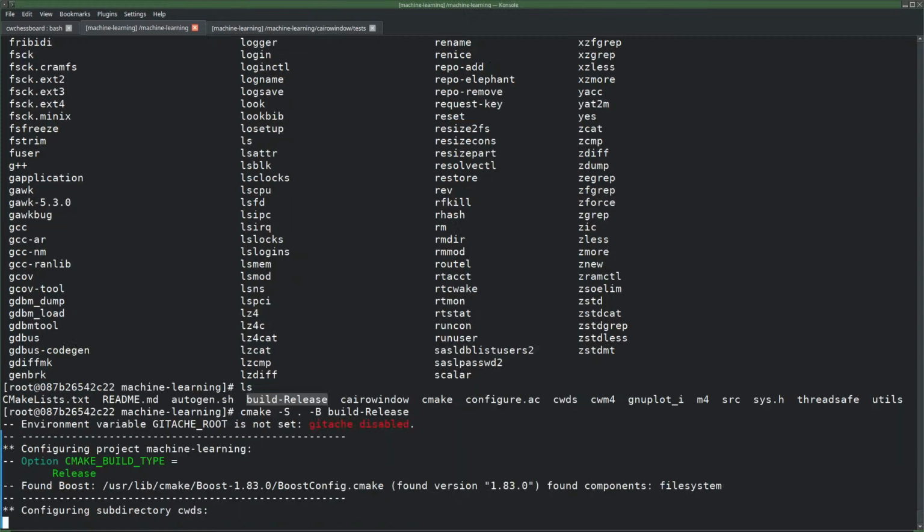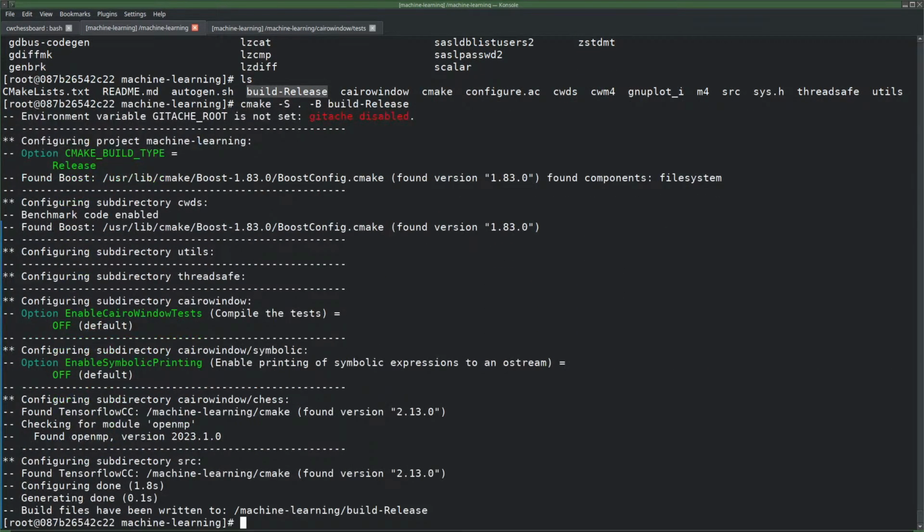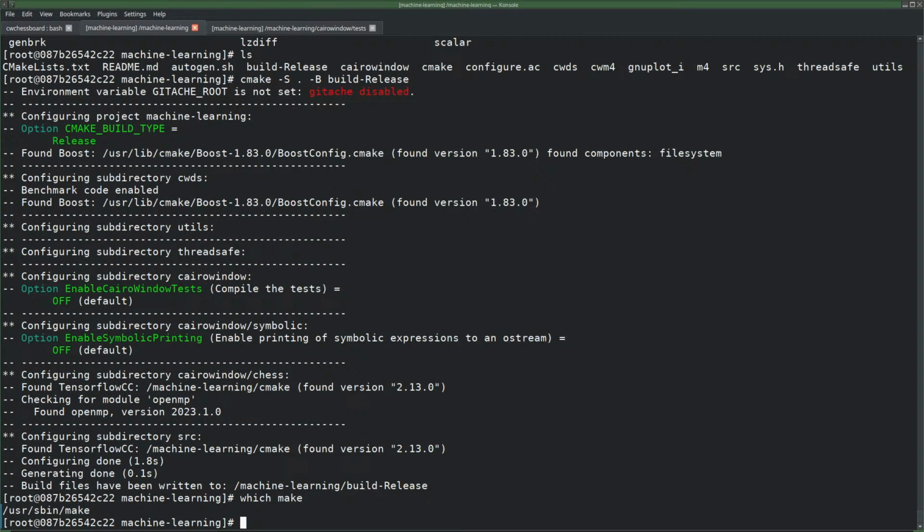Yeah, there. It found it. So that's how you do it. Maybe you should document that. Which make. No, I'm not going to run make. We're going to run build.